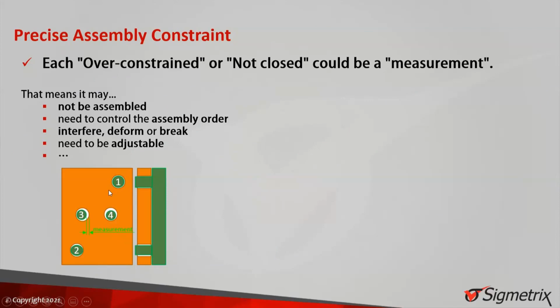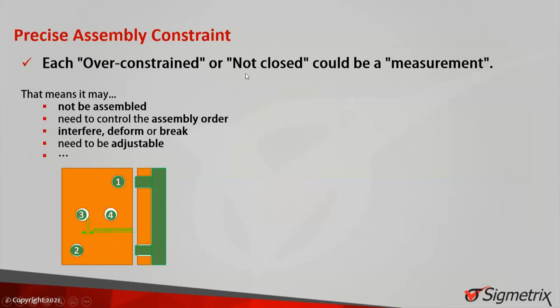Obviously, the first pin-hole and the second pin-hole already constrain those two parts so they cannot be moved or rotated, right? So the third and fourth could be measurements. We can measure the clearance to make sure there is no interference or impact on the location pins, the first and second ones.